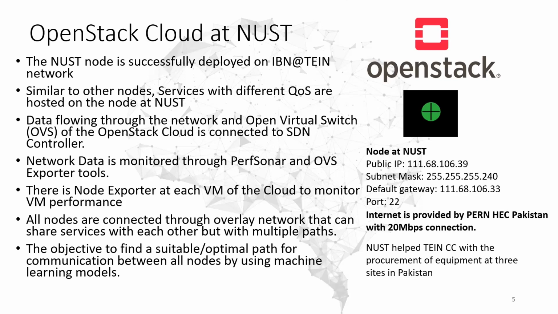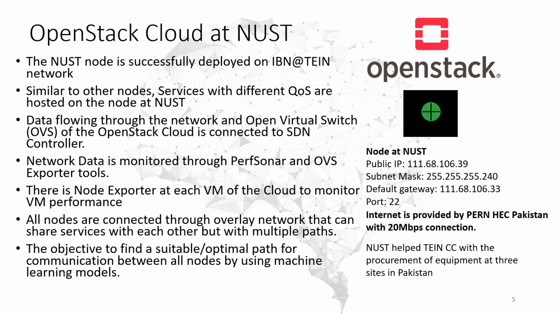All the nodes are connected through the overlay network that can share the services with each other, but with multiple paths. So after the collection of data, we are using ML or maybe AI machine learning models to find a suitable or optimal path between these. So this is the current status at NUST side.